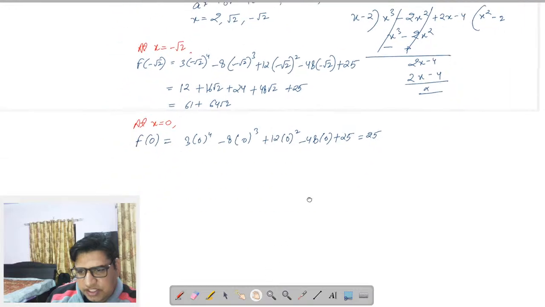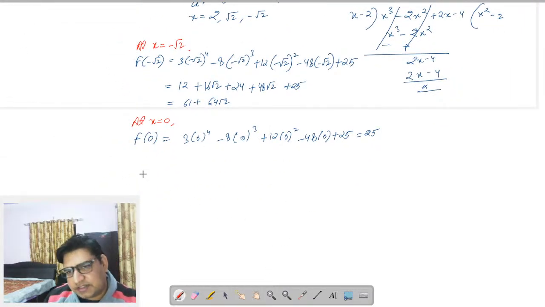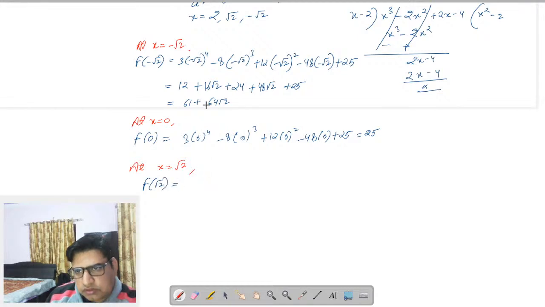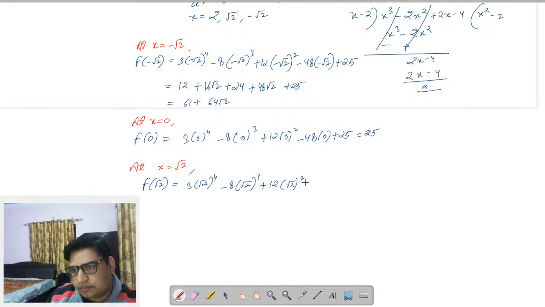Okay, and let's find the value of the function at x is equal to root 2, because root 2 is 1.41, so that is less than 2. Here we have f of root 2, which is 3 into root 2 to the power 4, minus 8 root 2 cube, plus 12 root 2 square, minus 48 root 2, plus 25.